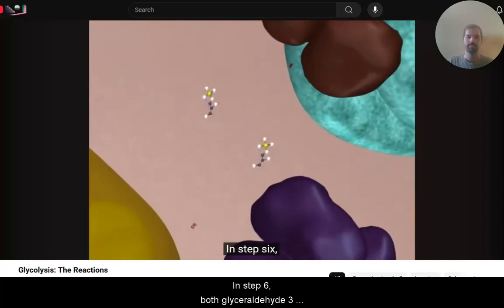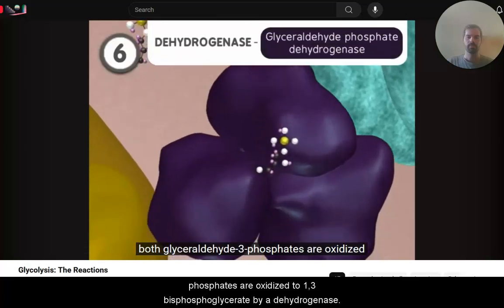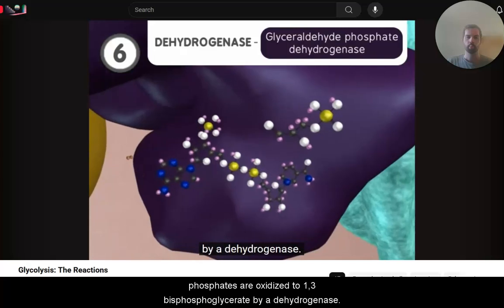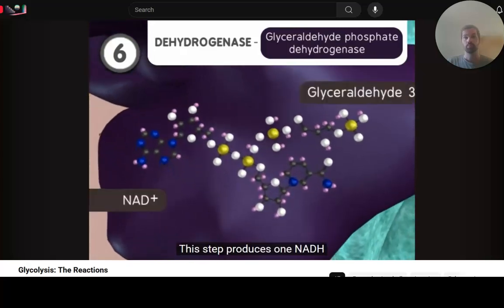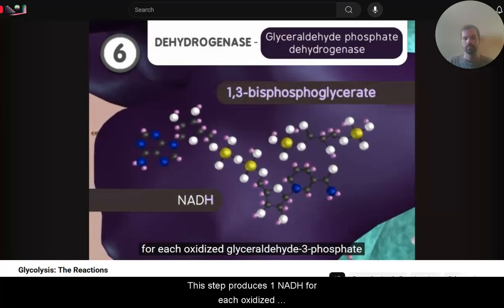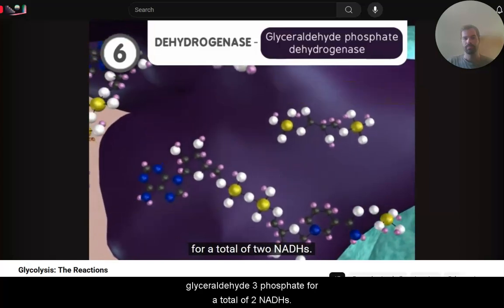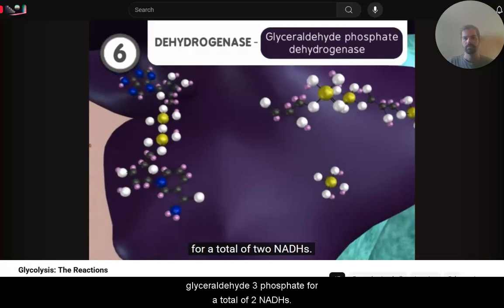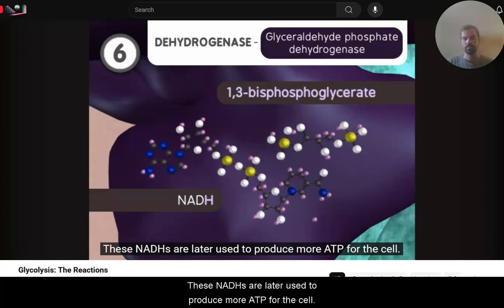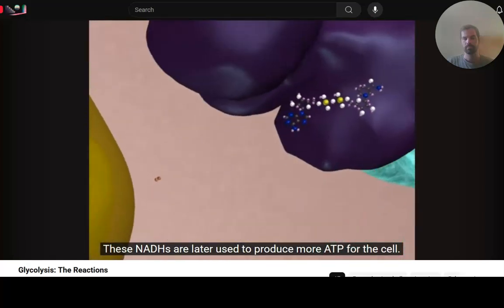In step 6, both glyceraldehyde 3-phosphates are oxidized to 1,3-bisphosphoglycerate by a dehydrogenase. This step produces 1 NADH for each oxidized glyceraldehyde 3-phosphate, for a total of 2 NADHs. These NADHs are later used to produce more ATP for the cell.